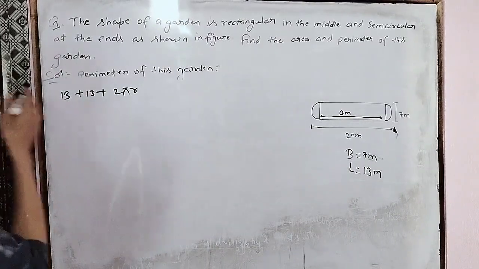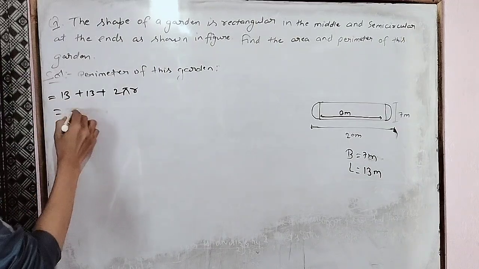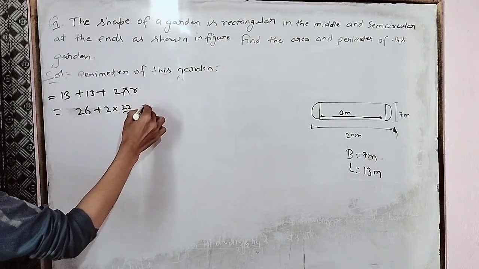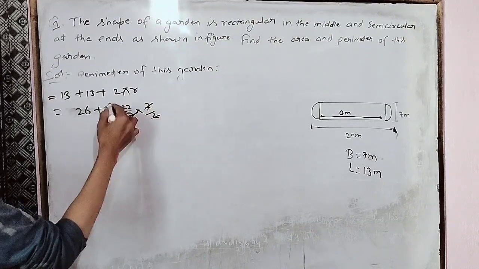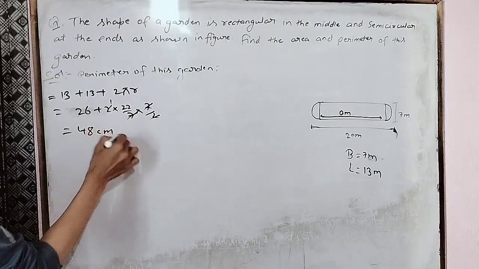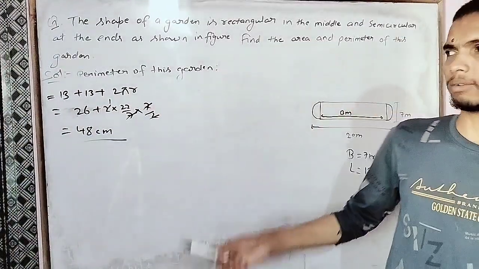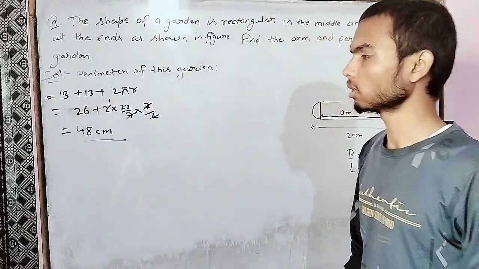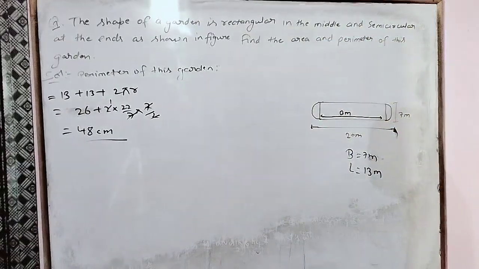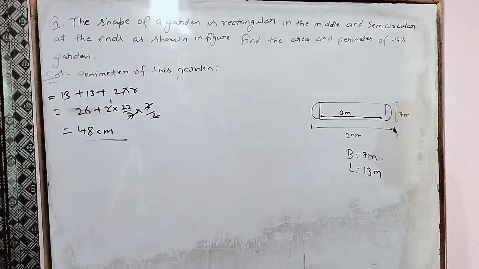Now just simplify it. 13 plus 13 is 26. 2 multiplied by 22 by 7, and r is 7 by 2, so 2 and 1. So how much? 48 centimeter. This is the total circumference of this garden. We calculated the total distance of the circumference of the garden.